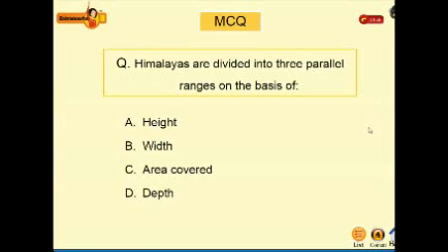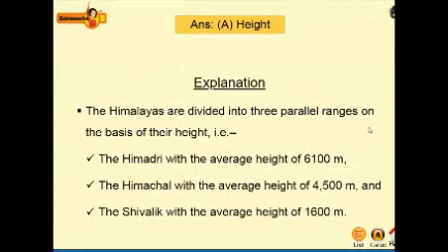Yes, children, it is time to check your knowledge of what you learned so far. The question: the Himalayas are divided into three parallel ranges on the basis of height, width, area covered, or depth. The answer is A, height. The explanation: the Himalayas are divided into three parallel ranges on the basis of their height.